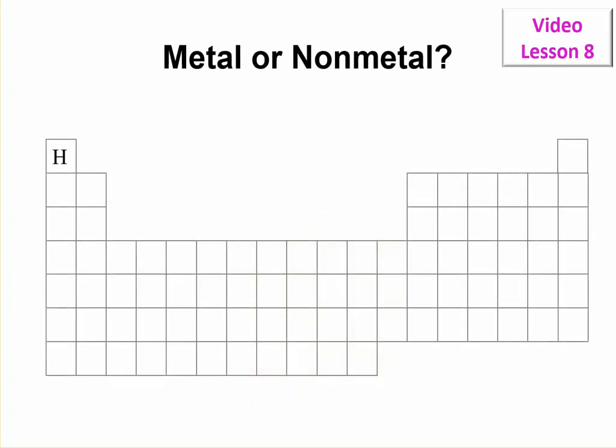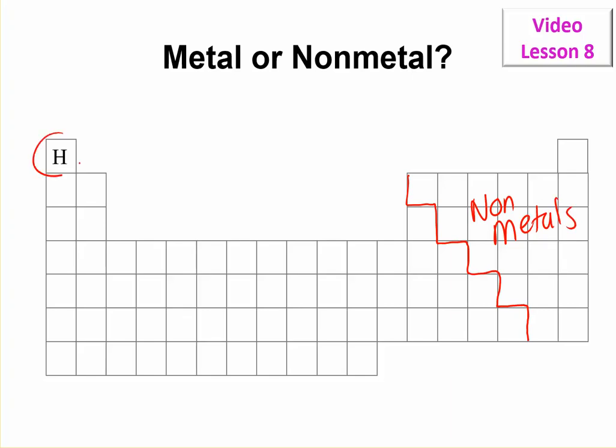Okay, so we're backing up a little bit to do a little review so we can start drawing these electrons. The periodic table that I give you for the test has this zigzag stair step already written on there for you. So where are the nonmetals? They're up here, aren't they?